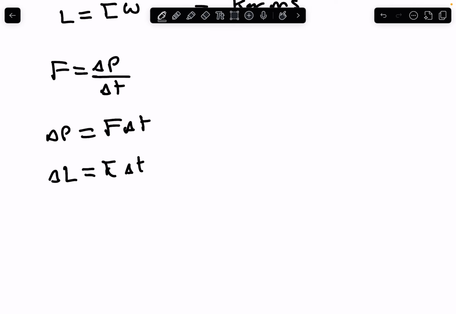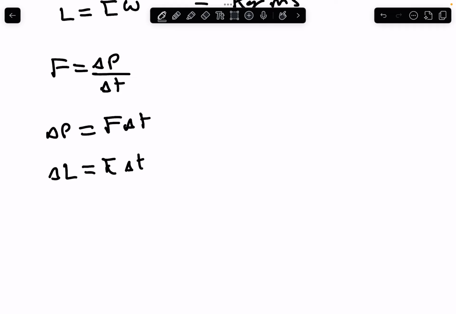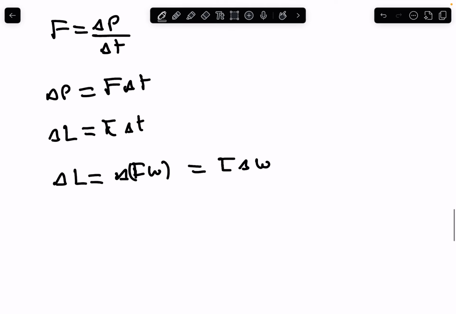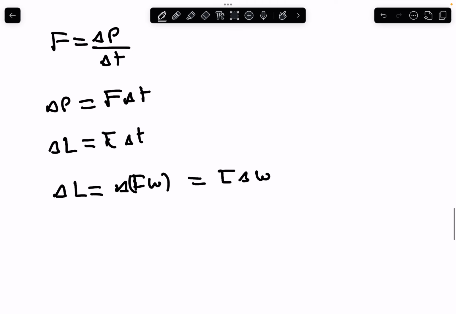So the change in angular momentum, or angular impulse, is equal to torque multiplied by the change in time. But we also have another equation for angular impulse. It states that delta L equals delta of I omega. But since the moment of inertia probably won't be changing, it would be written as I delta omega, where I, of course, is the mass equivalent in the rotational world, the moment of inertia, and omega is the angular velocity.